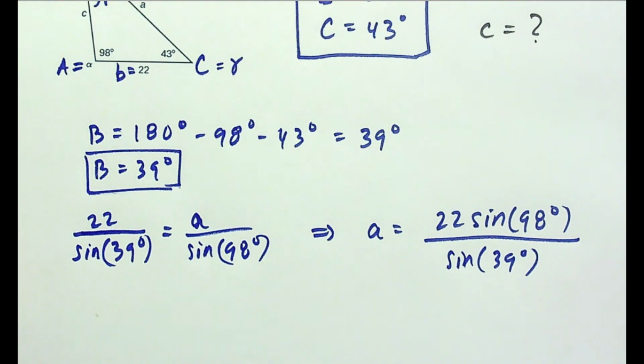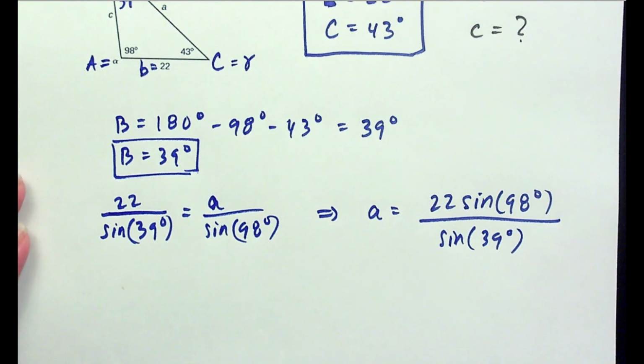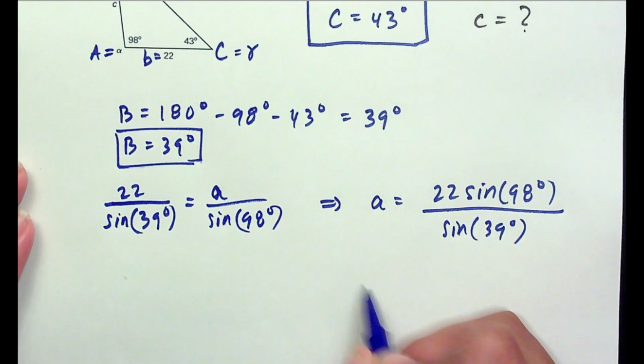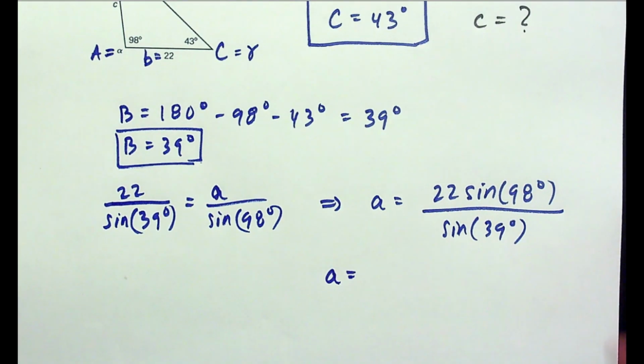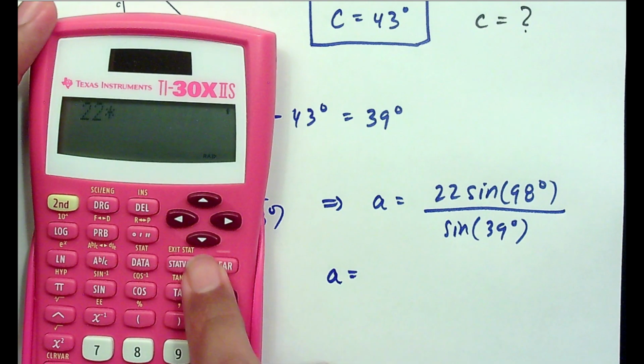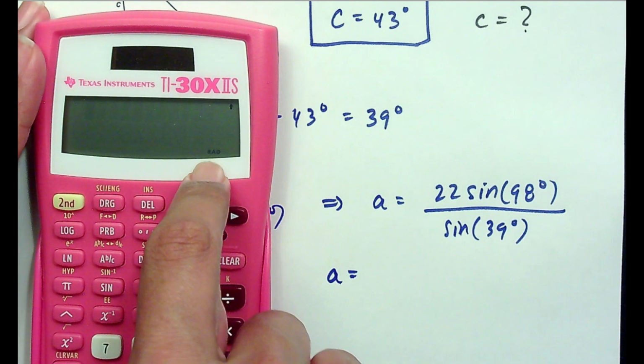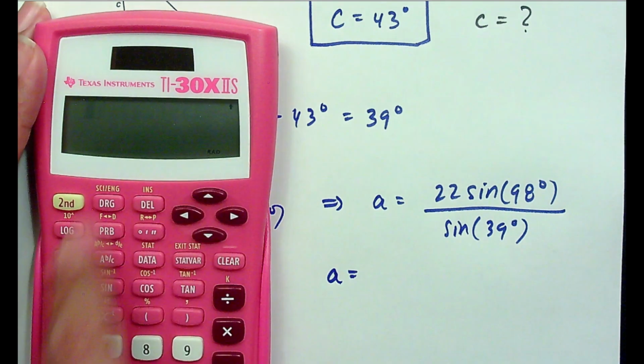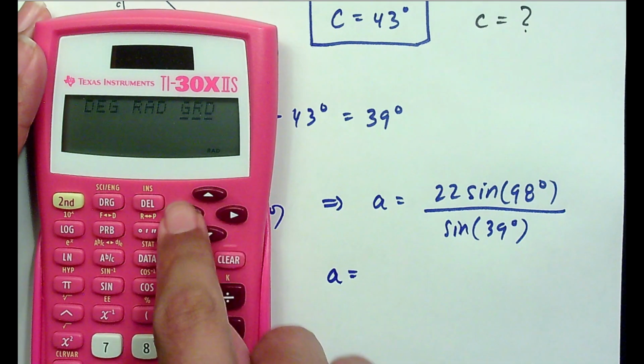Now, let's put this in the calculator and figure out what A needs to be. 22 times, okay, my calculator is in radians, beware, we need to change that. Change it to degrees.